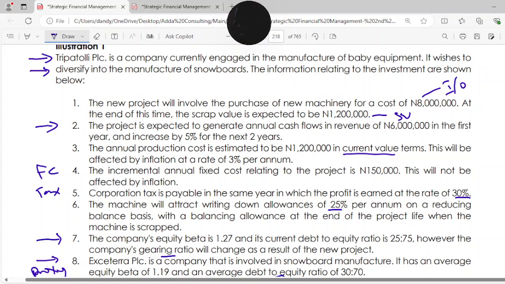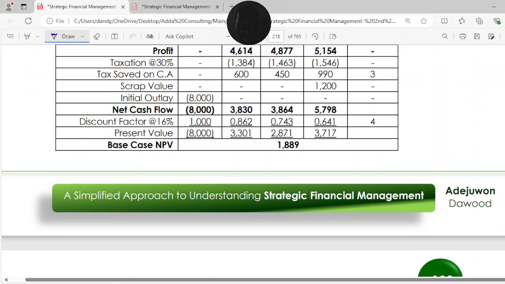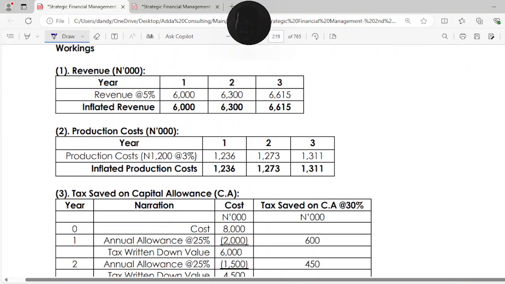So if that is the case, how do you then calculate this? I want to inflate the revenue now. Let's inflate the revenue, so let's go down there and do our working for revenue.